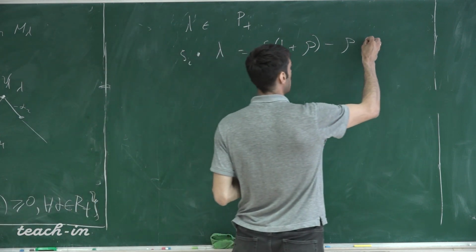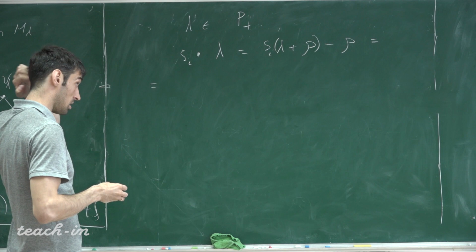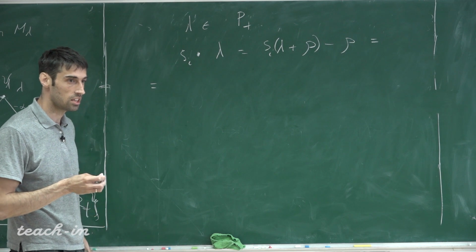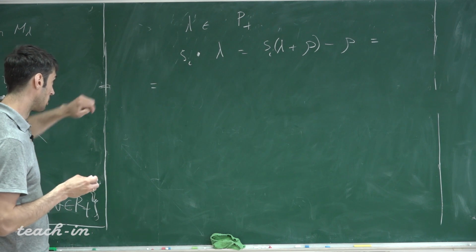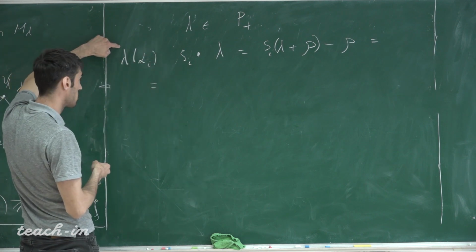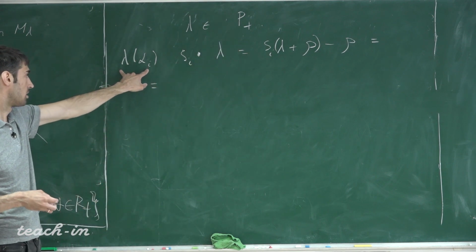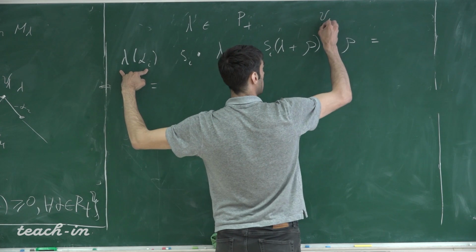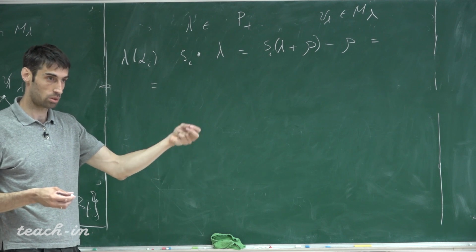Right? It means that, let me skip computations and say that I have this number lambda of alpha_i, and it is a positive integer because lambda lives here, and it is exactly the weight of V lambda, which is the highest weight here, with respect to the action of SL2 alpha_i.